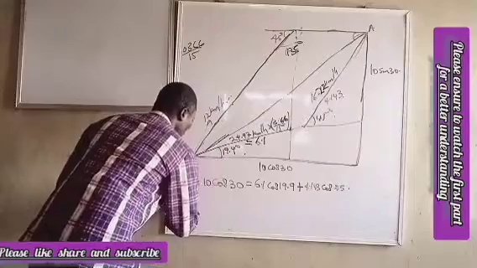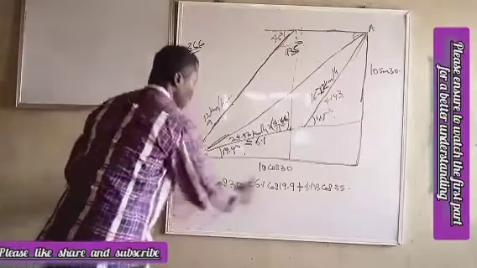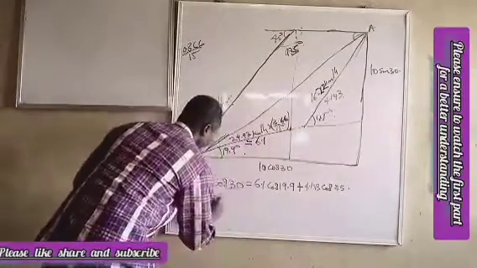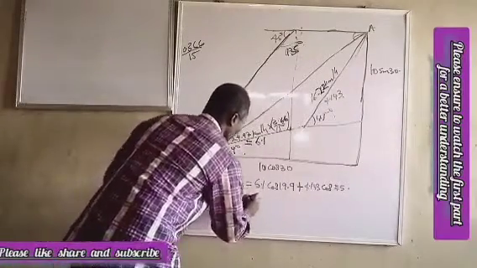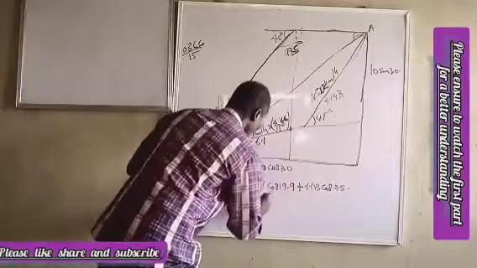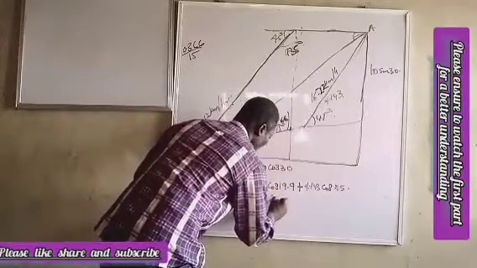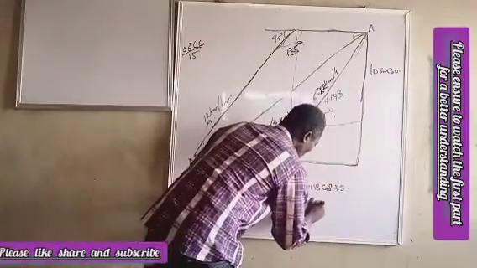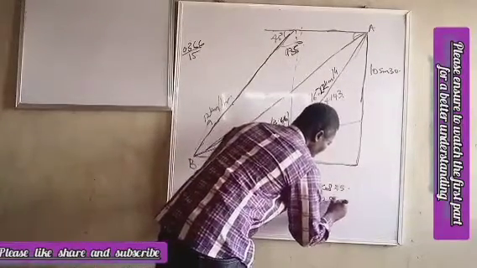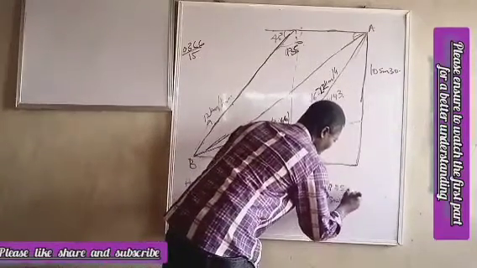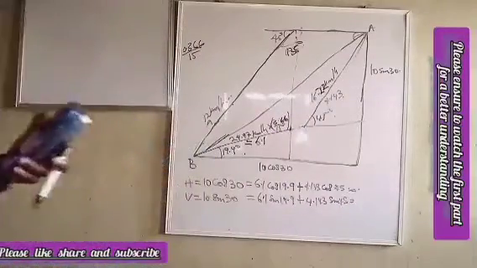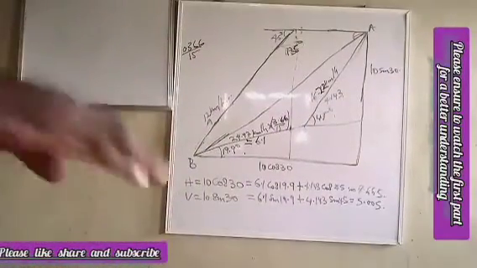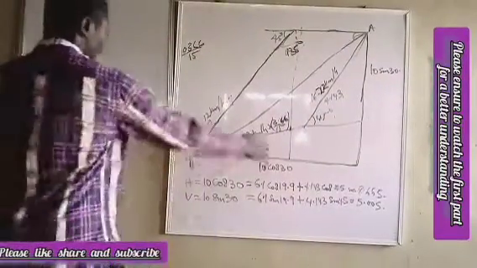So this one too, vertical is equal to 10 sin 30, which is 6.1 sin 19.9 plus 4.143 sin 45. Let's confirm. So that is our answer. You can see the approximate answers.